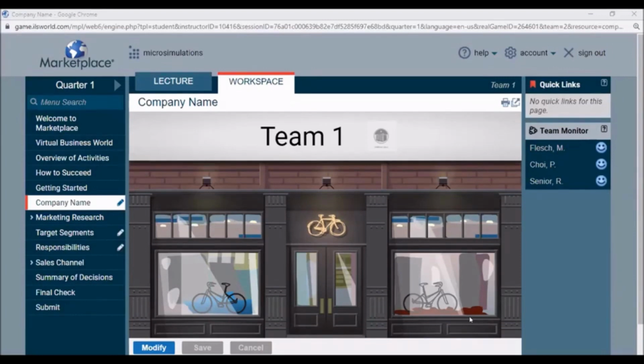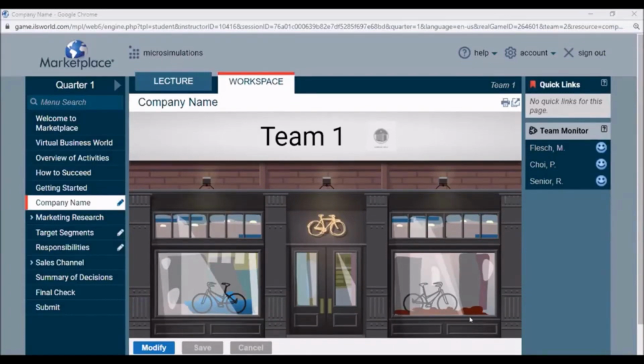The first name I would like to propose is My Bike, which gives a quite customized kind of impression to the customer. They can relate themselves with the company name, and it's a small name which they can remember easily.